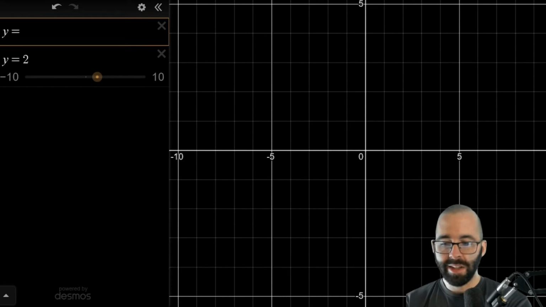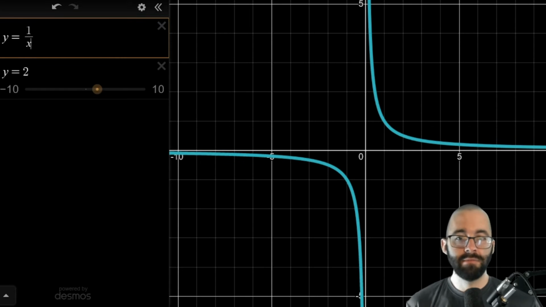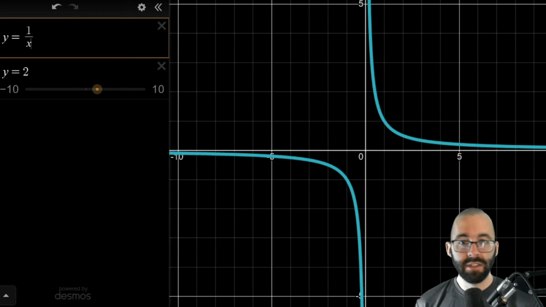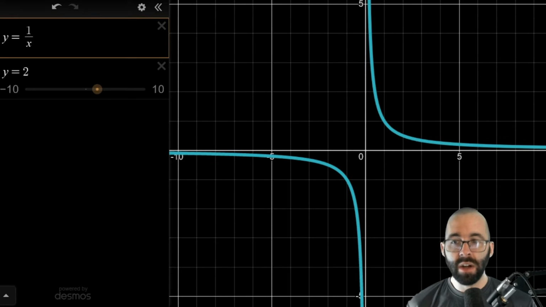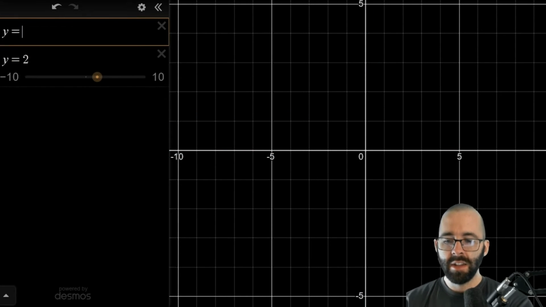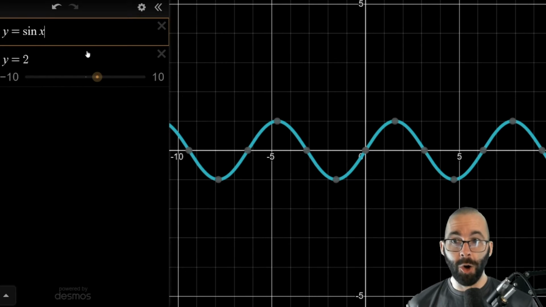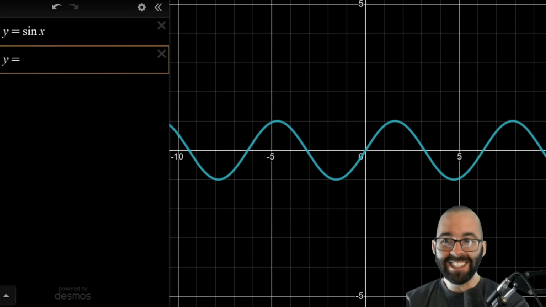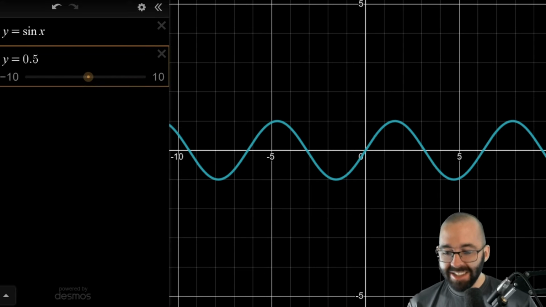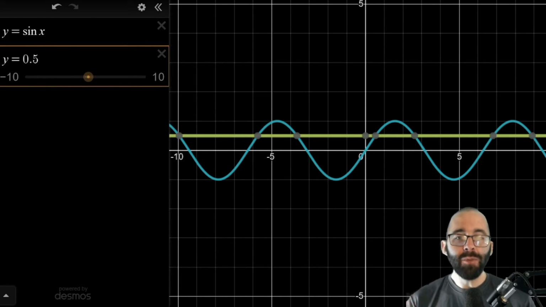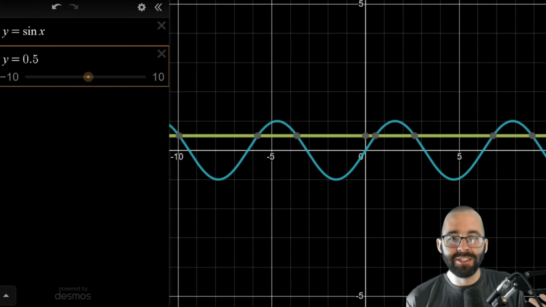Let's see something that does have an inverse. 1 over x has an inverse because any horizontal line you draw only crosses this graph once. Let's look at sine. Does sine have an inverse? Oh no! This is bad. Why is this bad? I want to introduce inverse trig functions to you guys.